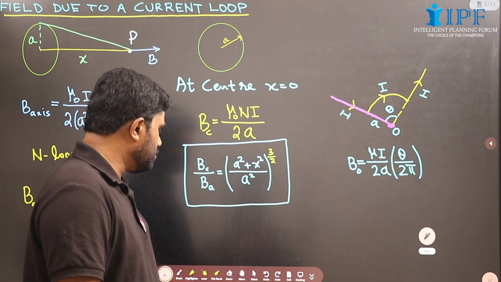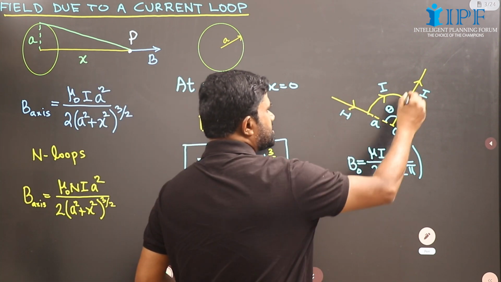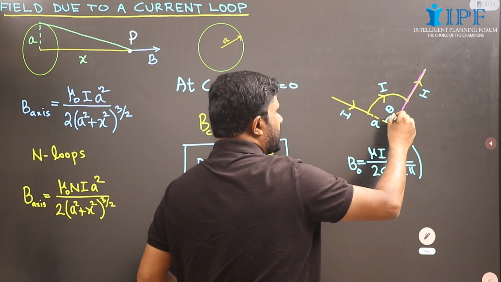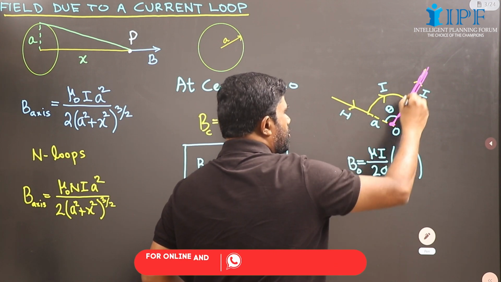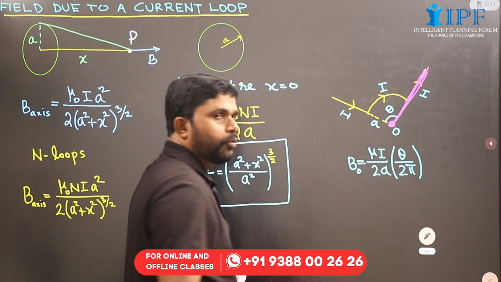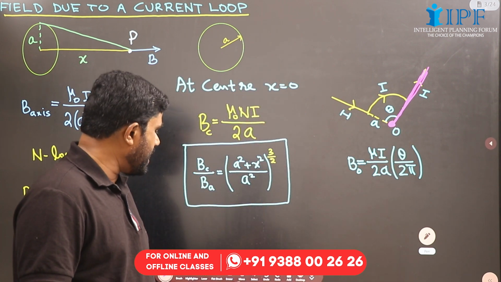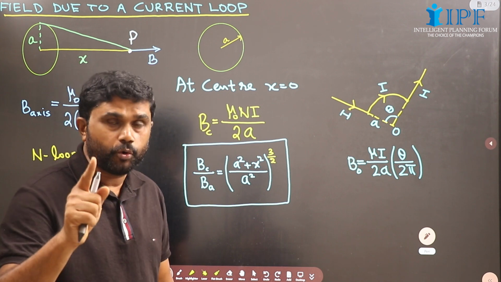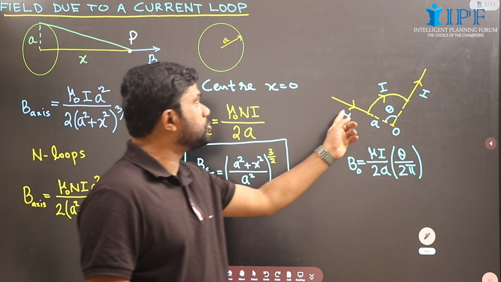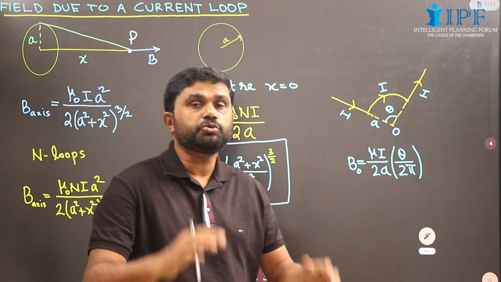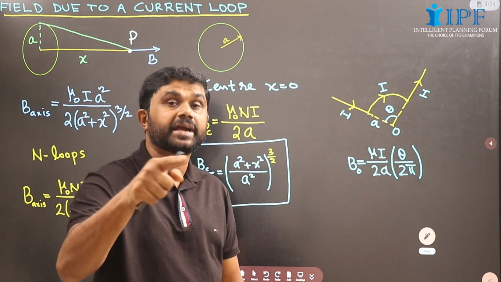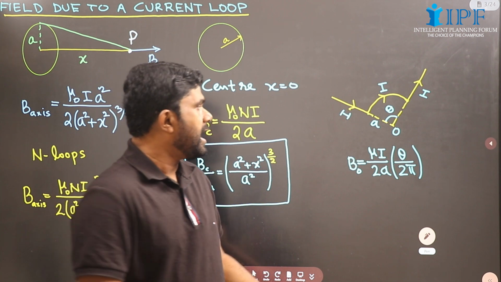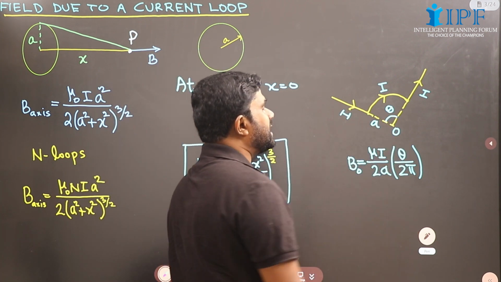This point of observation is along the length of this other straight conductor also, so it also will not produce any magnetic field at this point O. The magnetic field at the point O will be only due to the circular arc. Due to a complete circle, the magnetic field at the point O will be mu 0 I divided by 2a, and this arc subtends an angle theta.